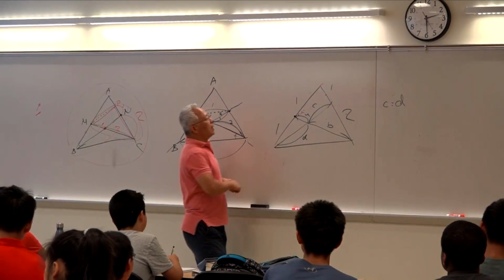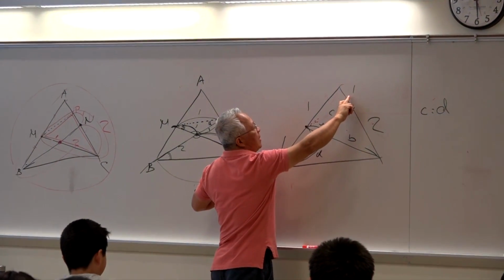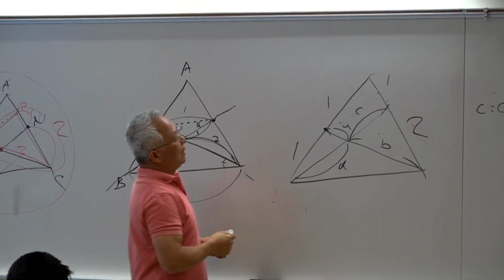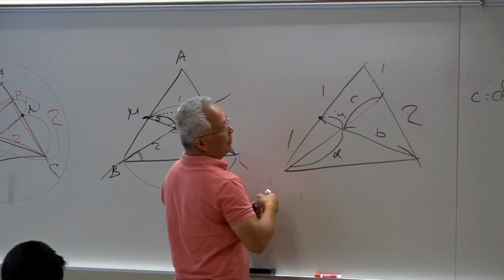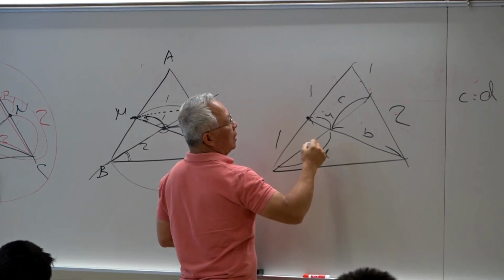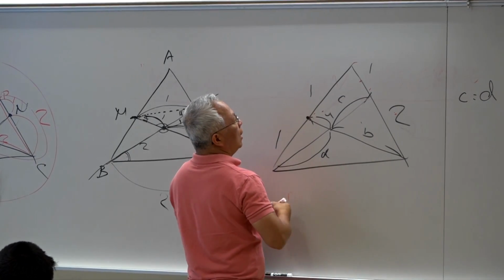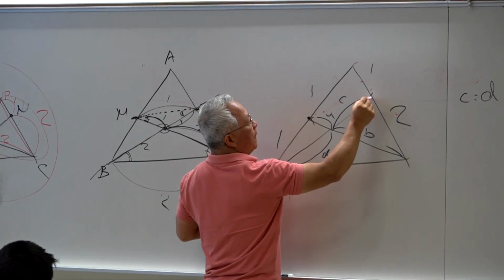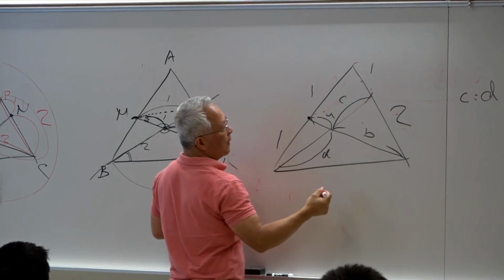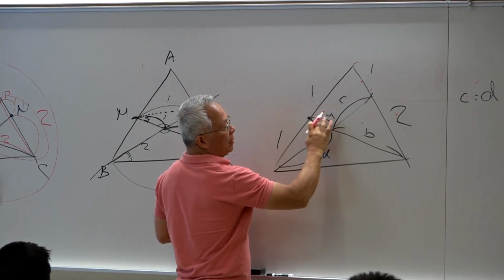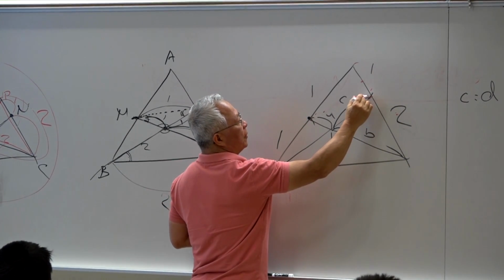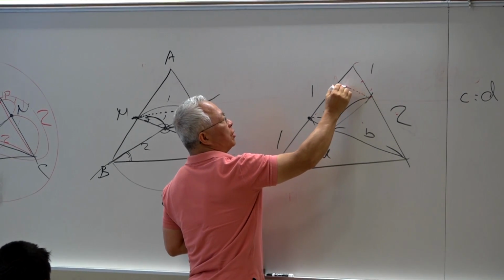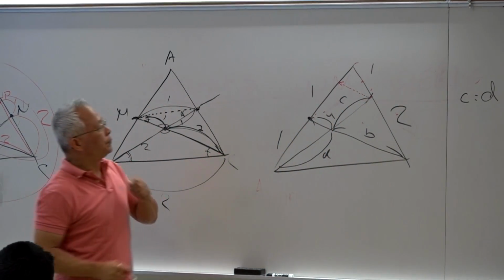Instead of drawing it one way, you're going to draw it the other way. How do you draw them? You draw from this point, with a parallel to the base here. So we're going to do this. We're going to induce a ratio on the opposite side.